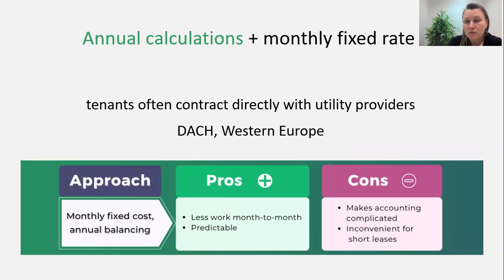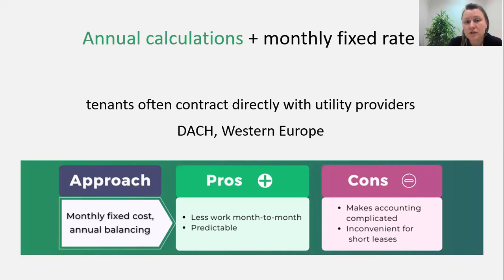So if we're talking about more traditional commercial premises, like retail centers, logistics, office centers, and so on, then the second approach is this annual calculation. We're seeing this most often used in Germany, other DACH countries, and Western Europe, where the monthly rate is fixed.